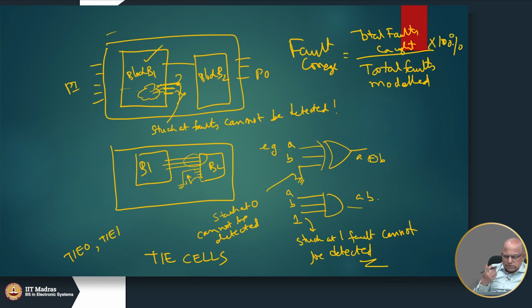So, in case there is a very good chance that it will not be 100%, because I may have redundancies, I may have aborted faults, and I may have tie cells and things like that.